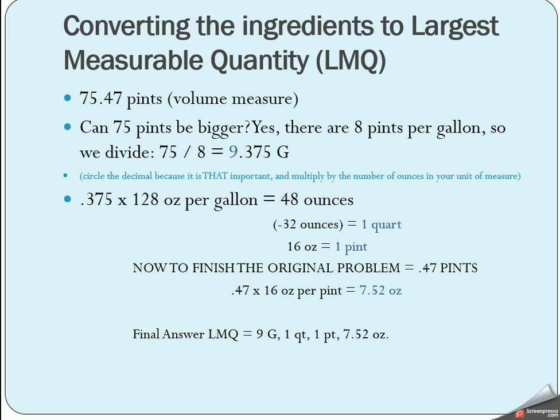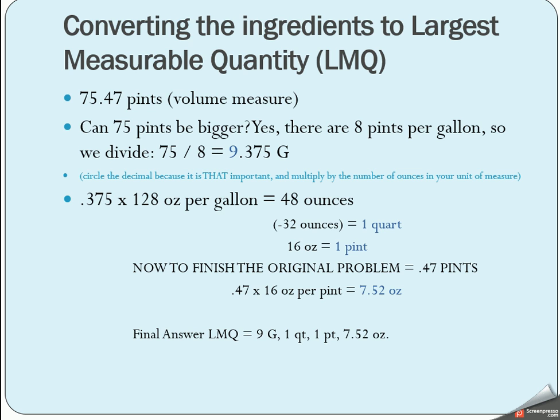I'm going to circle the decimal point because it's that important, and multiply by the number of ounces in my unit of measure. When I take 0.375 and multiply it by 128 ounces per gallon, I end up with 48 ounces. Is that good enough for me? No. 48 ounces can be broken down to 1 quart and 1 pint.